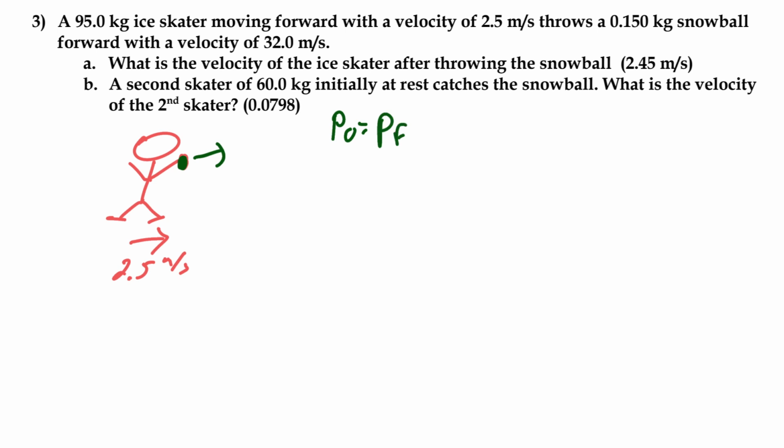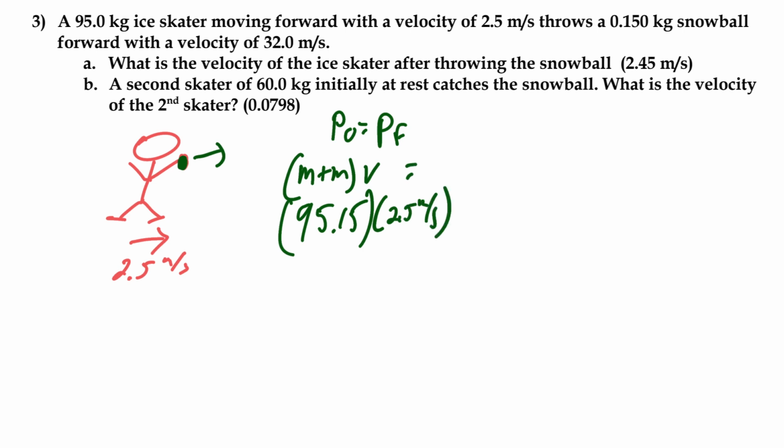Now the initial momentum, this time the masses, we're going to kind of combine the masses ahead of time, right? So for example, the total mass of the skater plus the snowball is 95.15. And then her velocity is 2.5 meters per second. And then afterwards, right, let's write it up here.